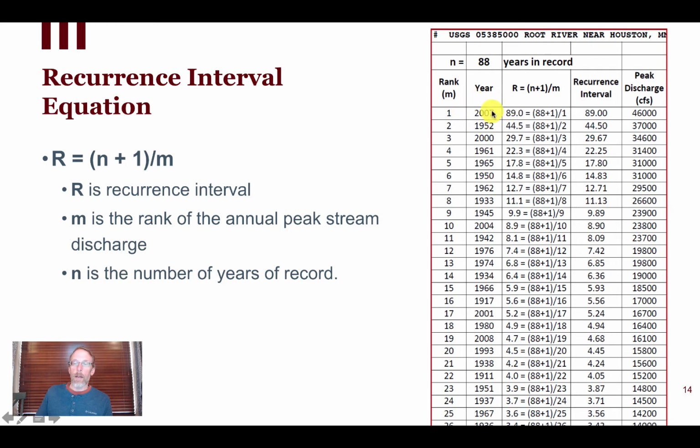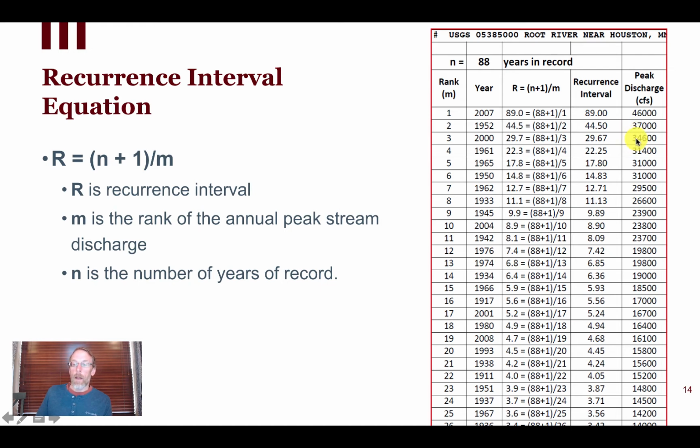One of the reading assignments for this module talks about the 2007 flooding in the Root River near Houston, and I'll give you a little spoiler and the answer to one of the questions you're supposed to consider: this 2007 flood is quite a bit larger than the second biggest flood.